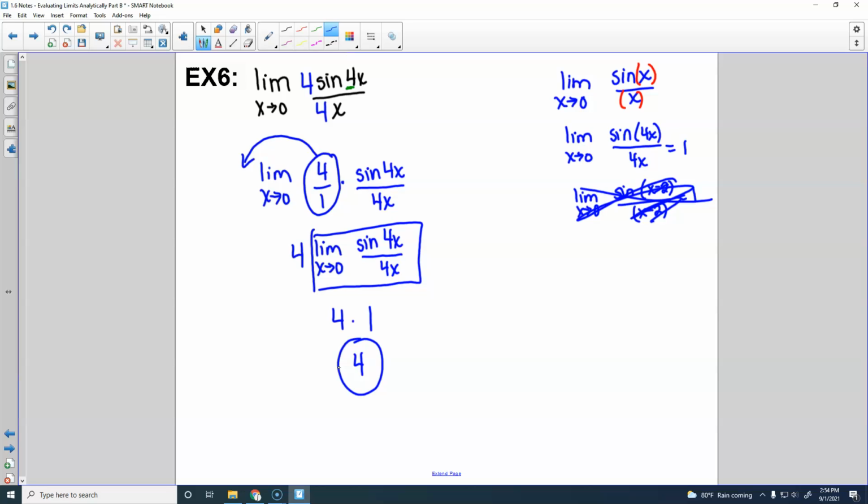Now, I will admit, if you had a problem like this, let's say we had a 6x, if you incorrectly just pulled the 6 out, like that, and did it this way, it technically is going to give the same answer. But it's incorrect thinking.